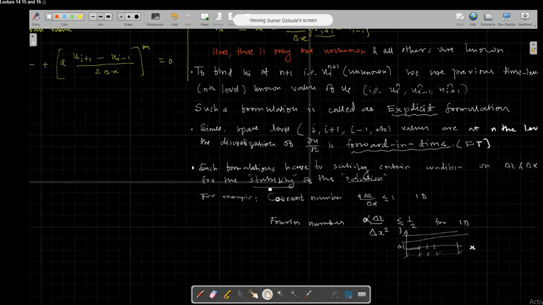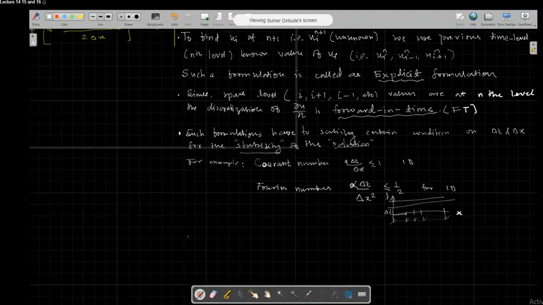So here there is a simple substitution of known values to get the unknown values.